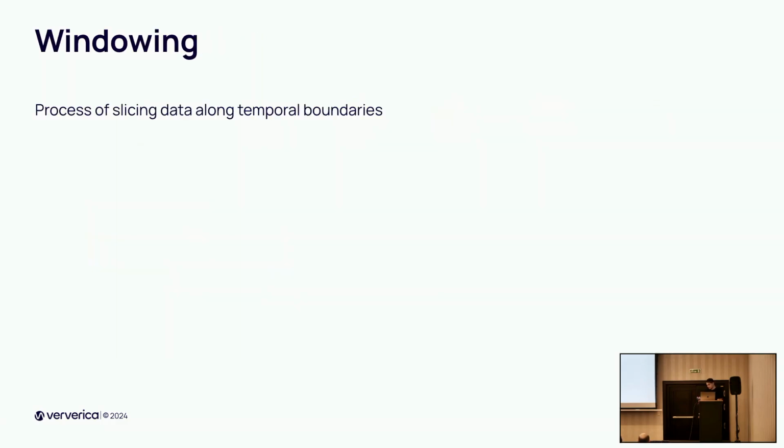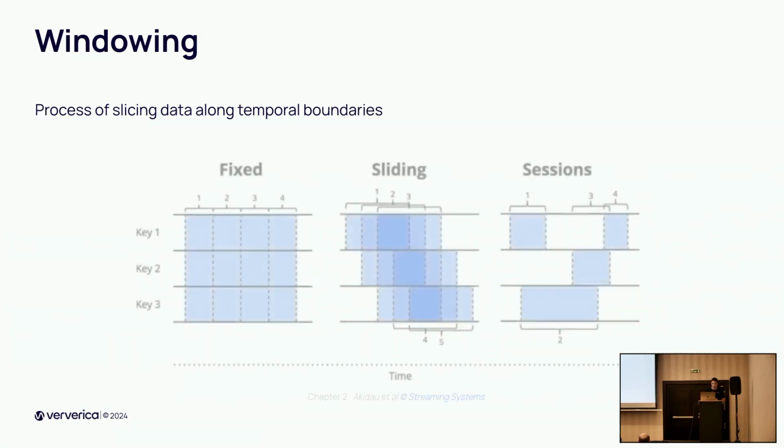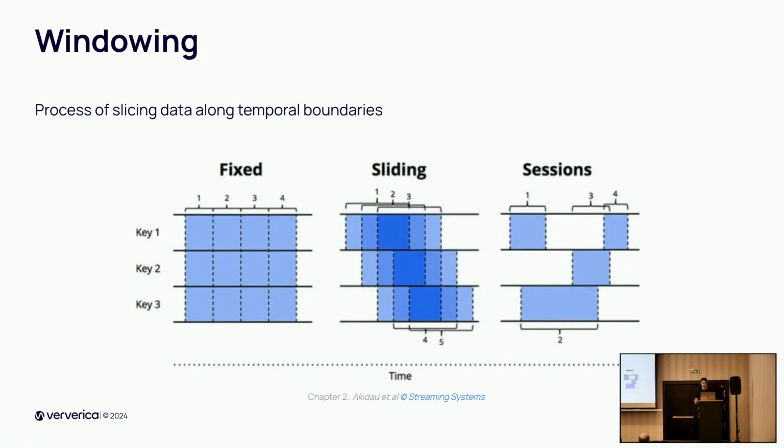And for that, we need to look into two new concepts in the streaming world. One is windowing. So it's slicing of the data in some temporal boundaries. There are three approaches. Fixed windows: a window with a size, begin and end.